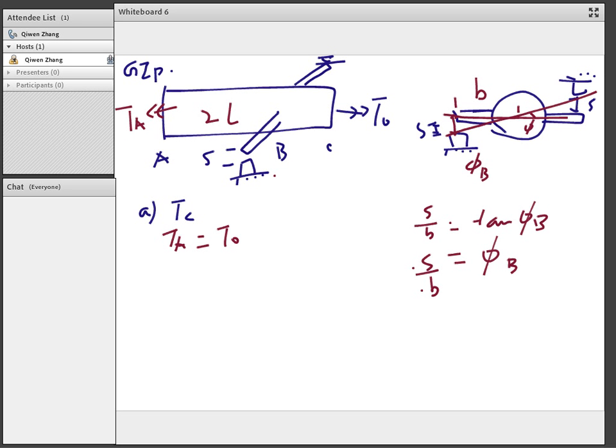Let's say this is the section, T0, this is C, and this is TBC. So we know TBC is just equal to T0, right? And then this distance is L, and GIP is the same.